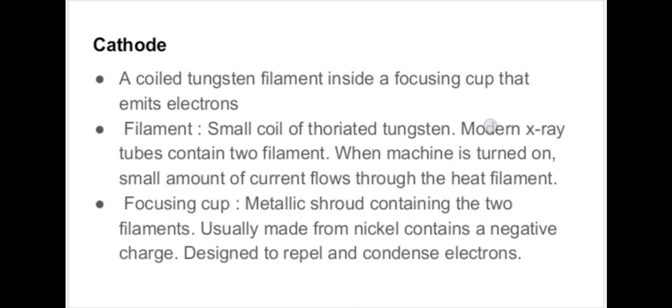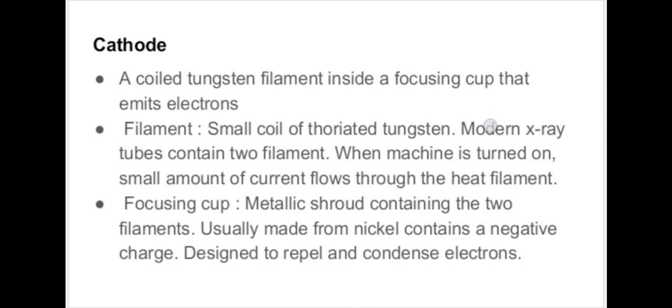A coiled tungsten filament is kept inside the focusing cup and emits the electrons. The cathode and anode are kept within a glass bulb. The cathode is a tungsten filament which is offset from the long axis of the X-ray tube to face the target nearer the periphery of the anode disc.